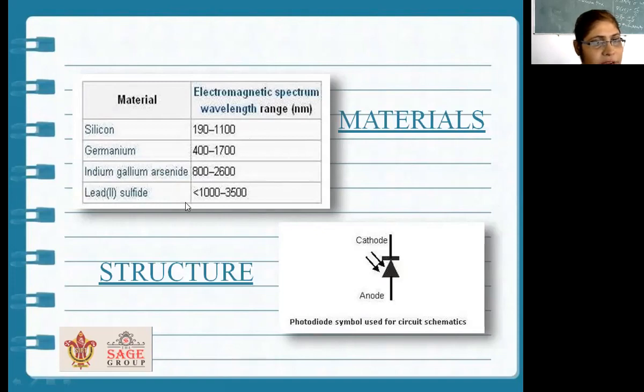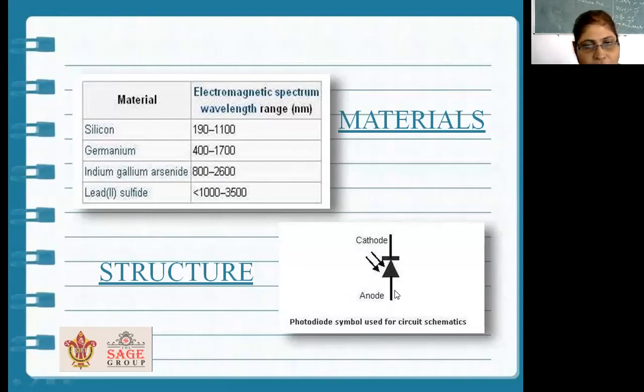Next is lead sulfide. If the light has a wavelength of less than 1000 nanometers, then a lead sulfide photodiode can convert this light energy into electrical energy. So this is about the material of the photodiode.